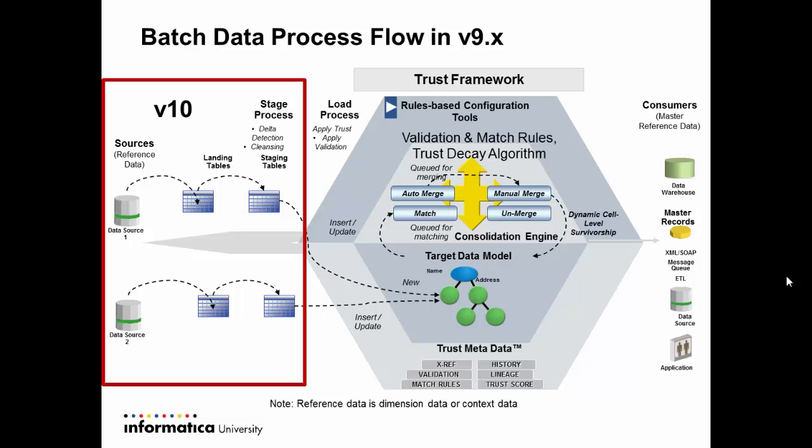So, in terms of the data flow, we're talking about the area where this red box is pictured here. So in version 10, we're pretty much saying that there is another way to do the onboarding of data. From a source to the landing to the staging, we could do it this way, but we could also do it differently. And that's the purpose of this presentation.